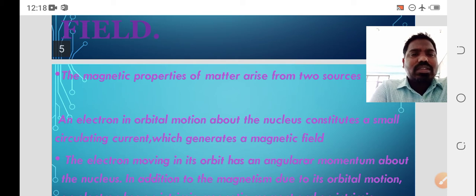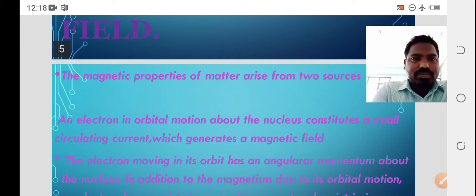So when an electron is revolving around the nucleus in an atom in a particular orbital, that electron is circulating a certain amount of current. This small current generates a magnetic field. So because of the circulating current, it is generating a magnetic field.